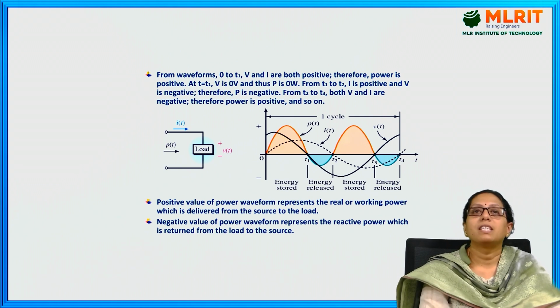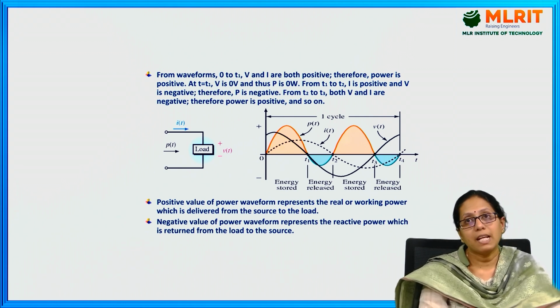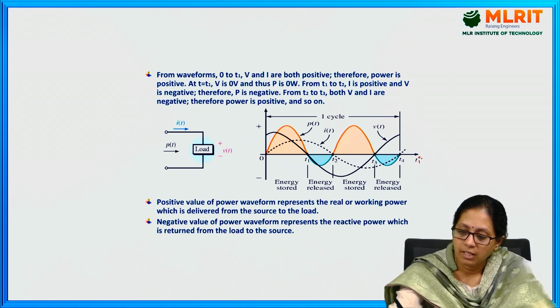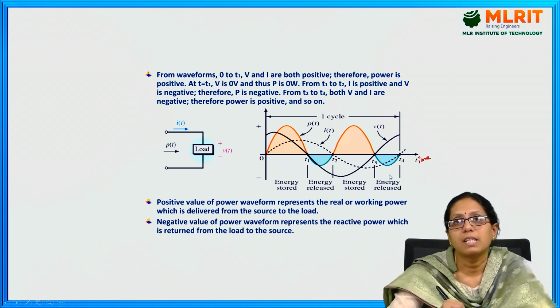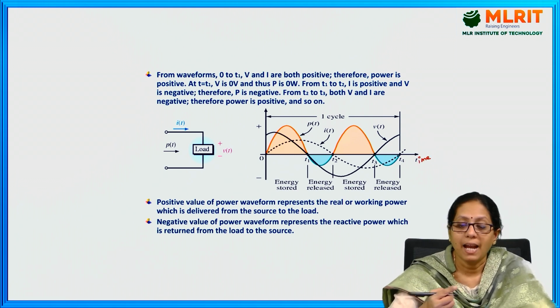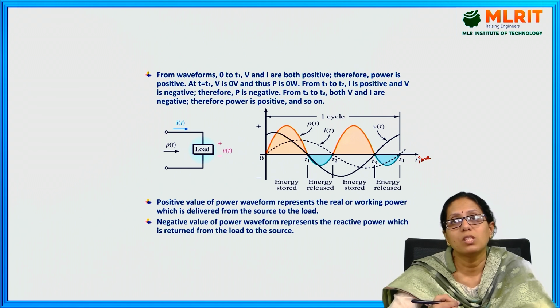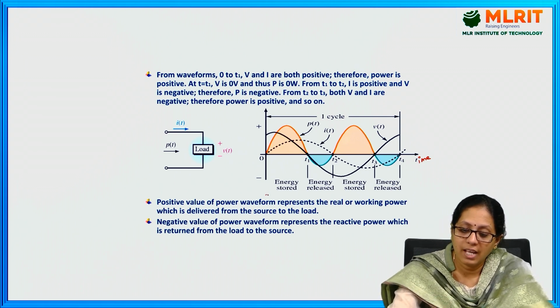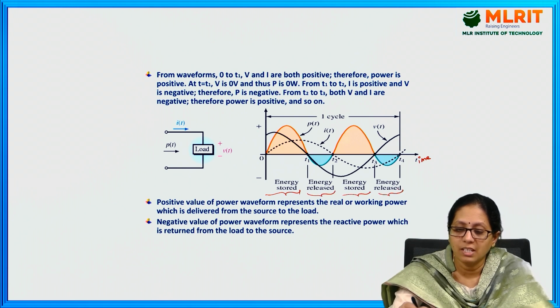Here you can see the waveform. In this waveform, the x-axis is nothing but the time, and the y-axis shows us the energy. Here you can see energy stored, energy released, energy stored as well as energy released.